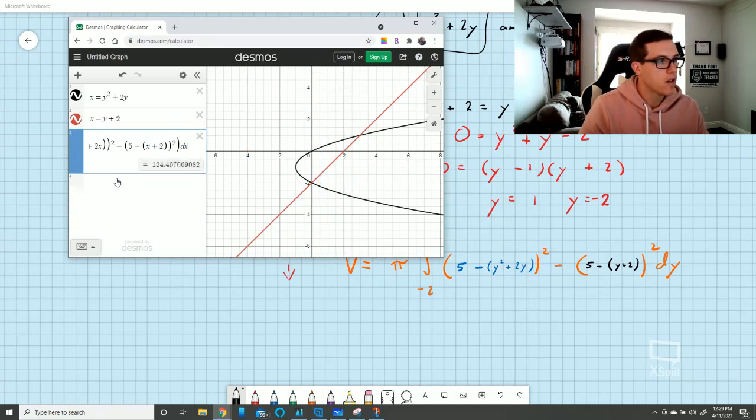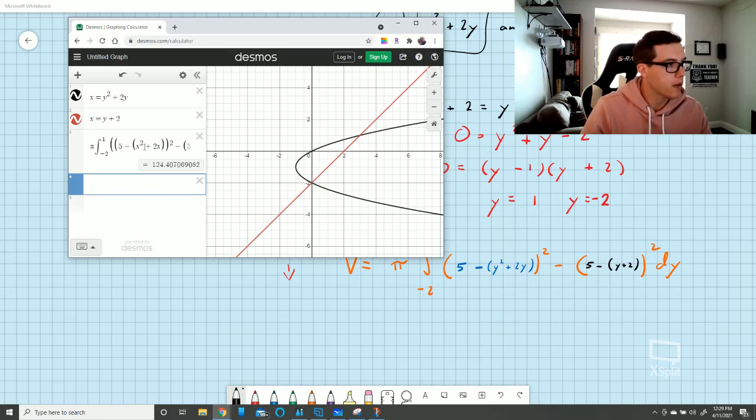Okay. So taking this guy and rotating it, 124.4, rotating around x equals 5, if I plugged everything in correctly. If I messed something up, you can go back and look. I don't think I did. These ones are harder to tell in terms of the volume you're going to get, because it feels like it shouldn't be that big.